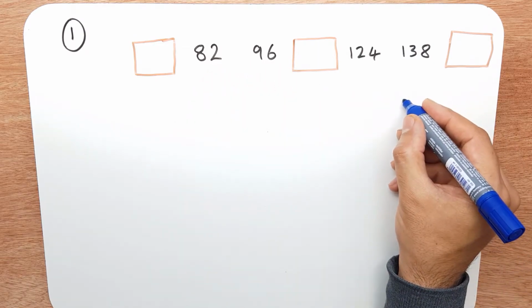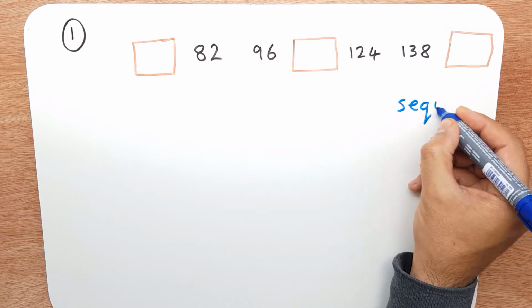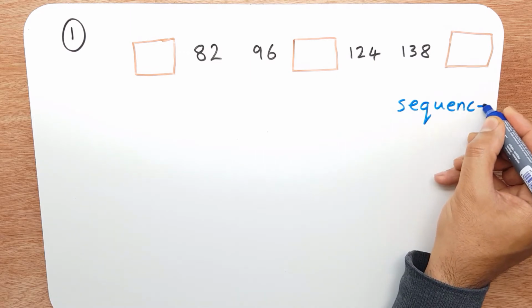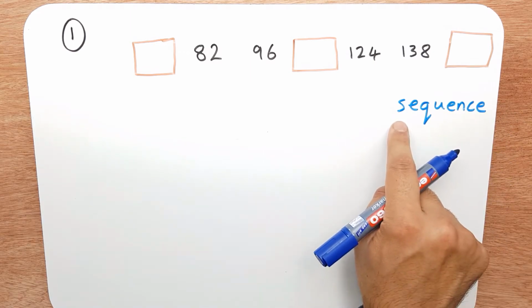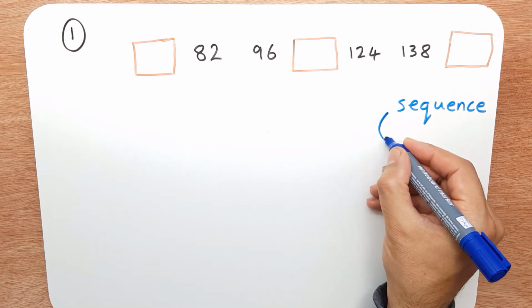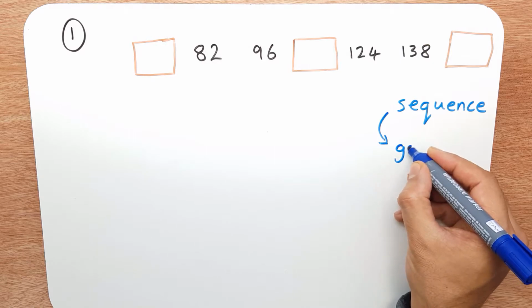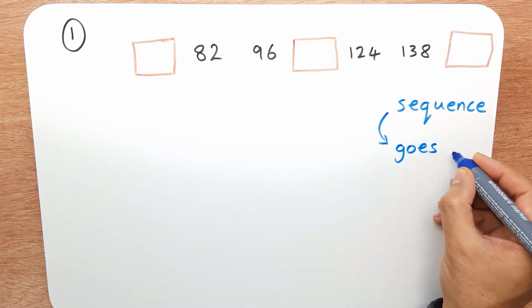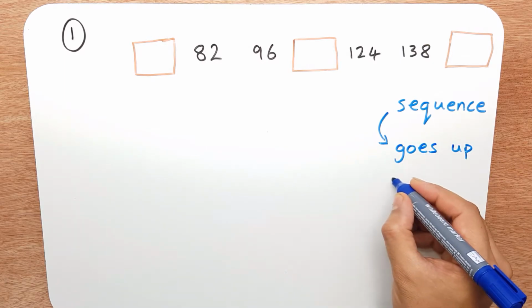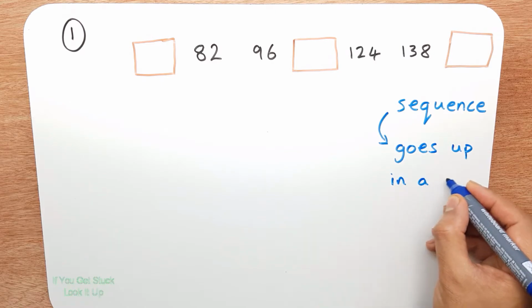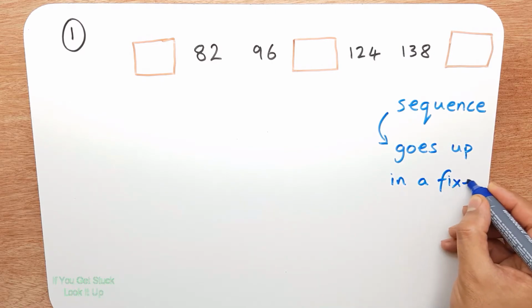So let me just write the word sequence. We need to know that a sequence is a set of numbers that goes up in a fixed amount.